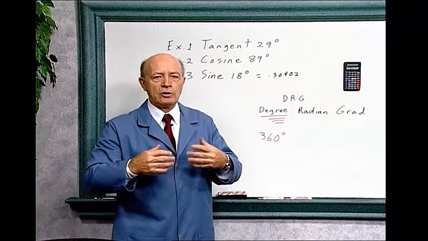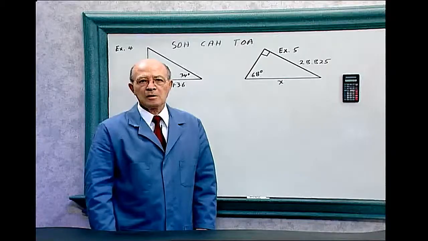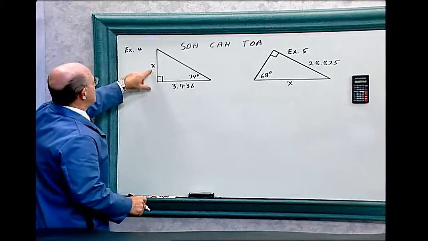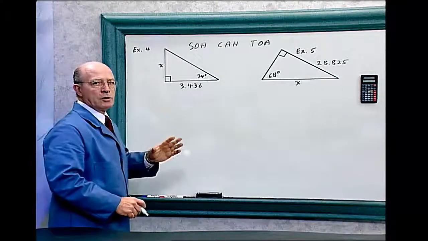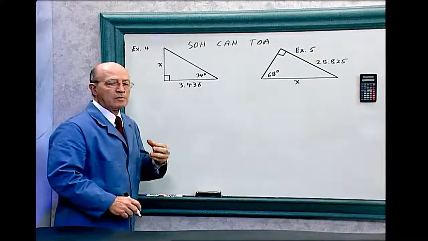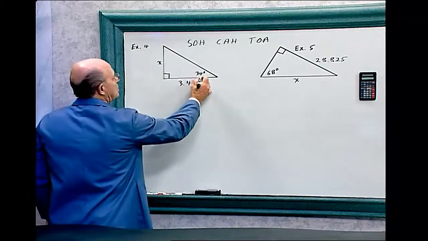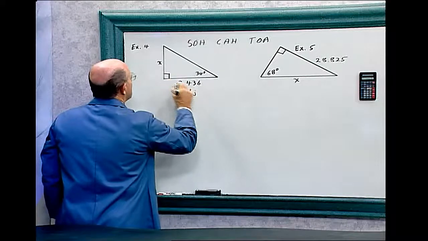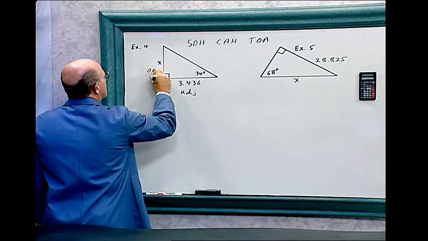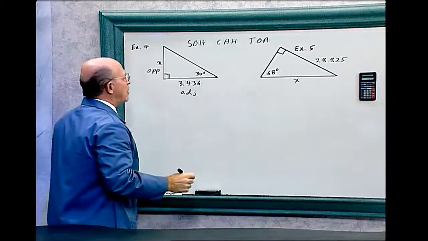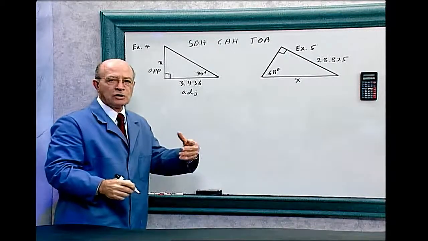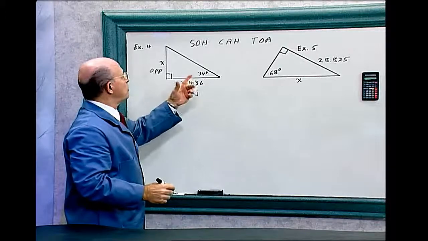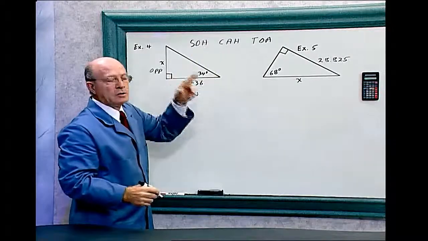And now let's go and look at example 4. Find the length of the unknown side. That's x. The first thing we're going to do now is label the sides. This is the known angle. This is adjacent, and this is opposite. Now in the book, it shows using the chart. You can go on the previous page and look at the chart, but I'm going to show you now using Sohcahtoa.